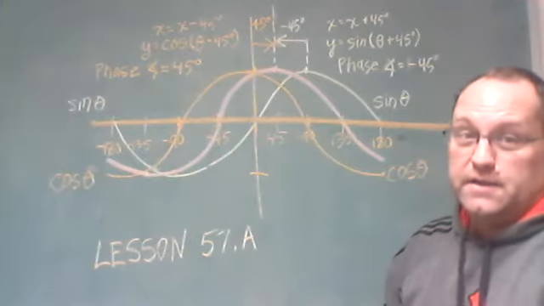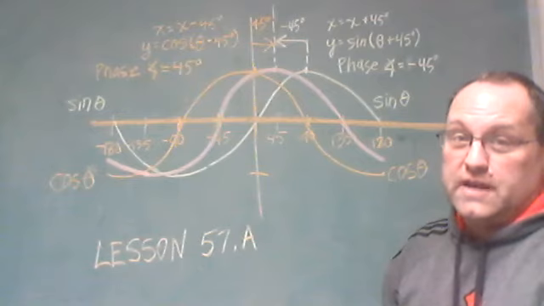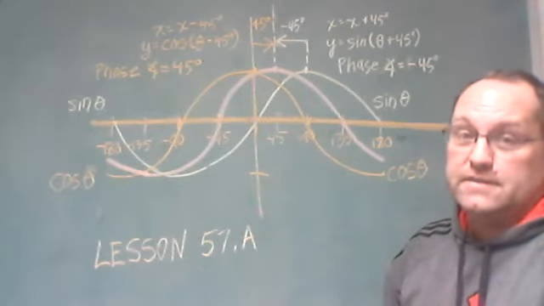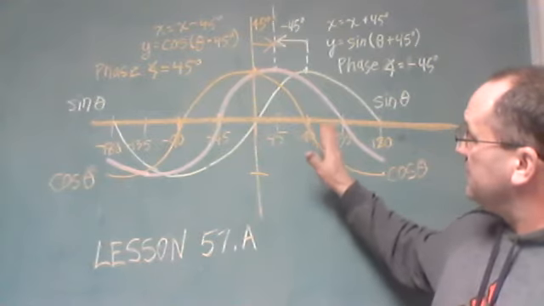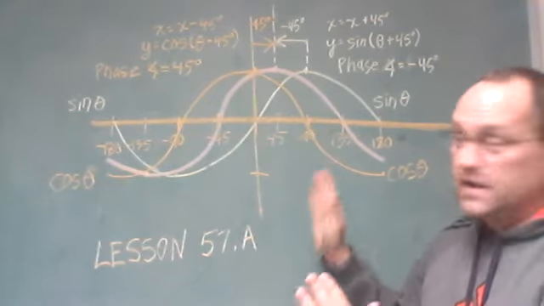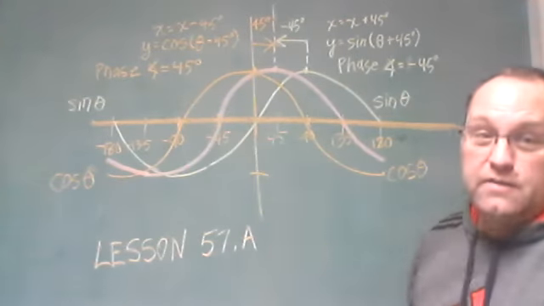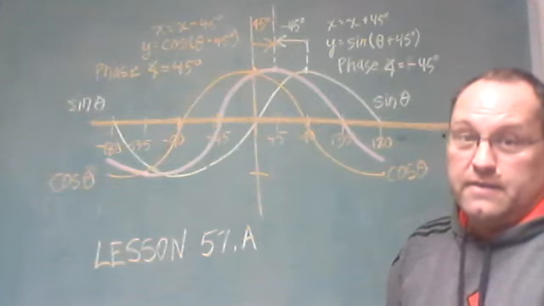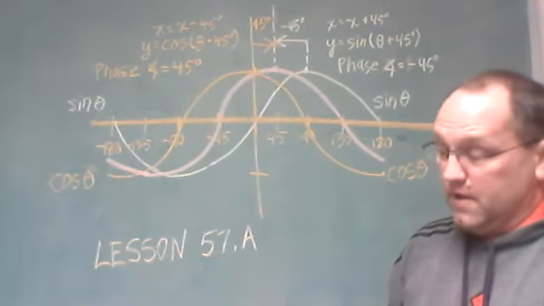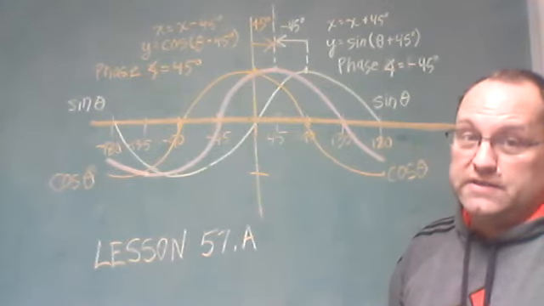Now you notice right off, the sine curve and the cosine curve have the same exact shape. So if we were to shift the sine curve or cosine curve over 90 degrees either way, they would directly overlap each other. They would be the exact same curve. This is a thing to remember when shifting the cosine and sine curves.